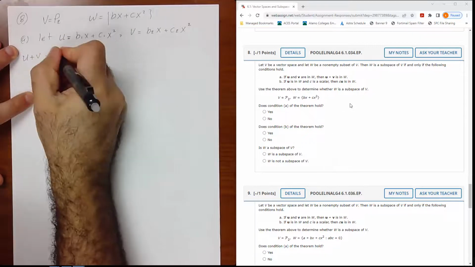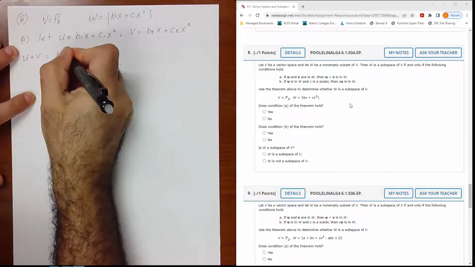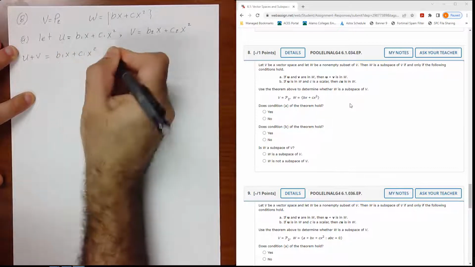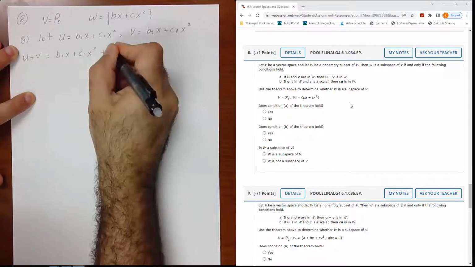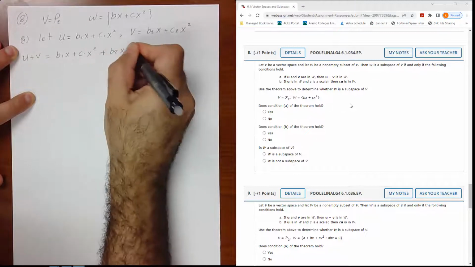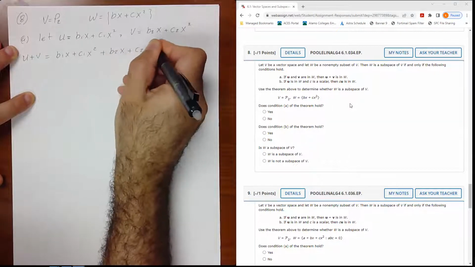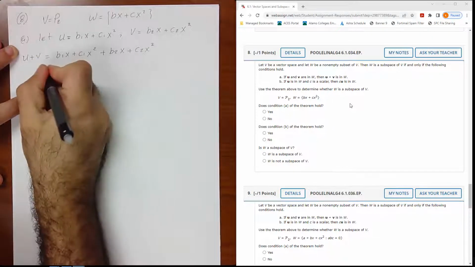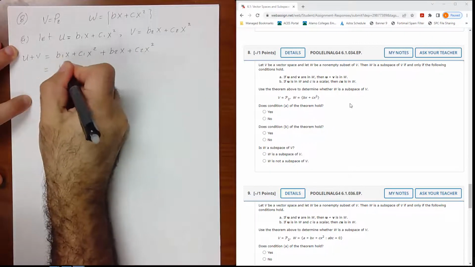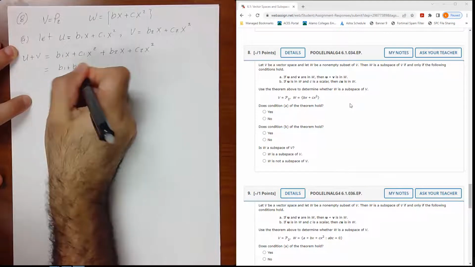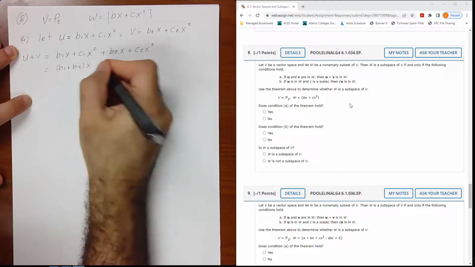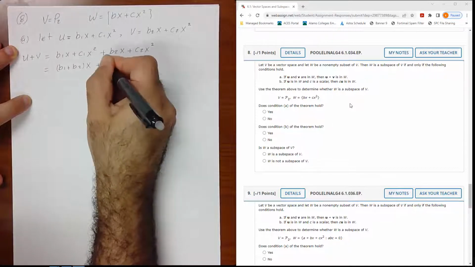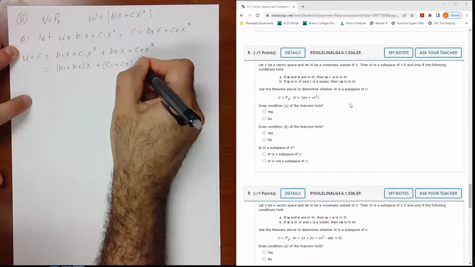So it's going to be B1x plus C1x squared plus B2x plus C2x squared. Now add these together, combine the like terms. So it's going to be (B1 plus B2)x plus (C1 plus C2)x squared.